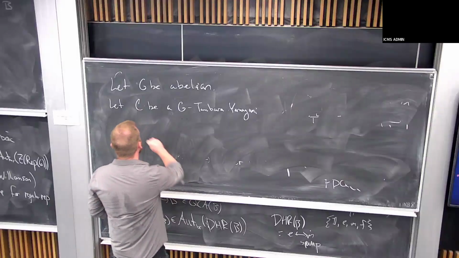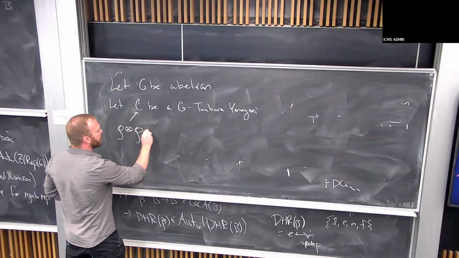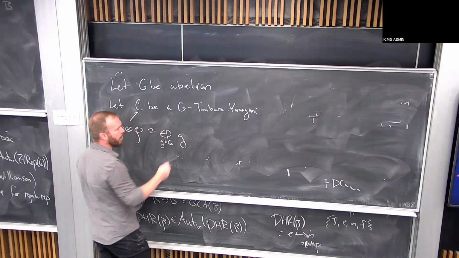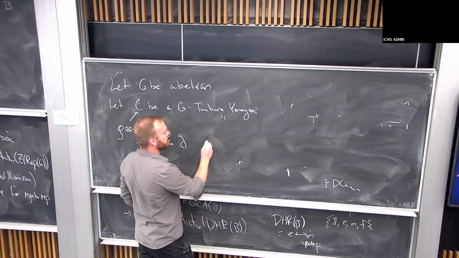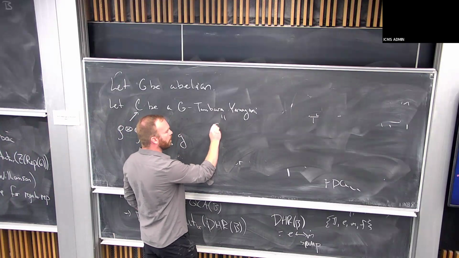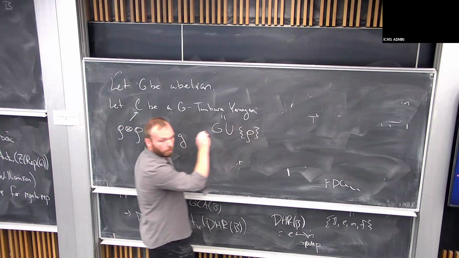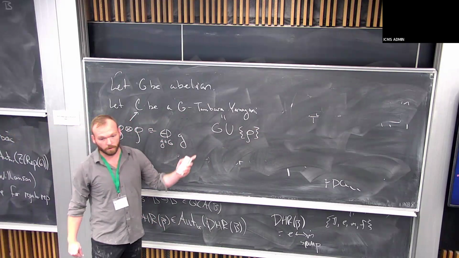Okay, so C will have some object rho that satisfies rho tensor rho is isomorphic to the direct sum over all the group elements. Right, Tambara-Yamagami. Okay, maybe some of you don't know what this is, so let me actually say what this is. The simple objects in Tambara-Yamagami are given by G, and then one special non-invertible object rho, and rho has this fusion rule. If I tensor rho with itself, it's the sum over all the group elements.